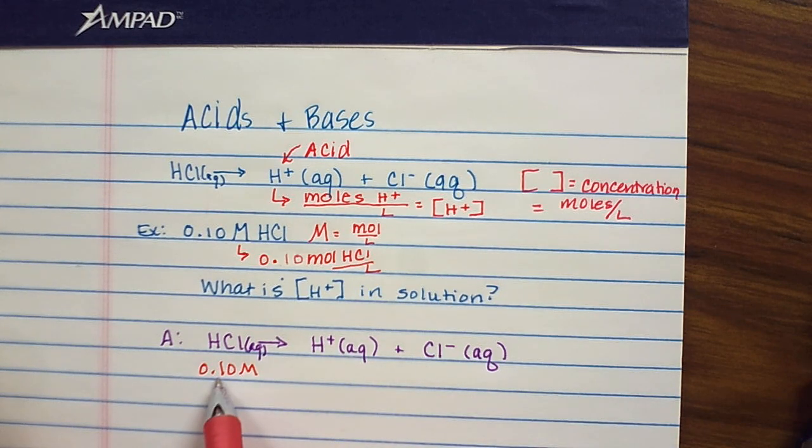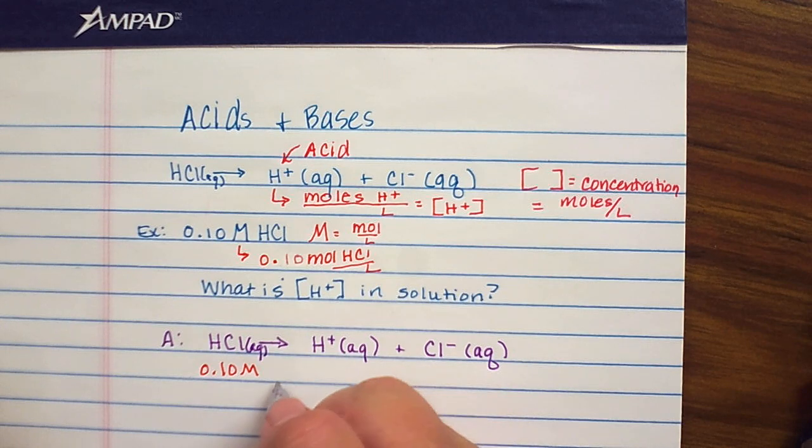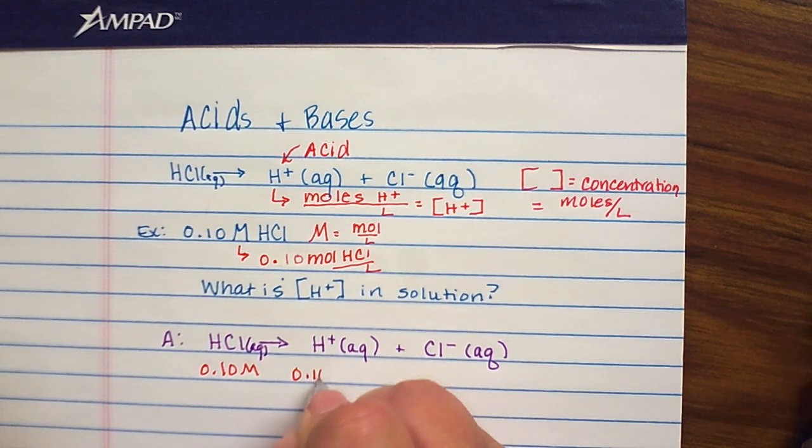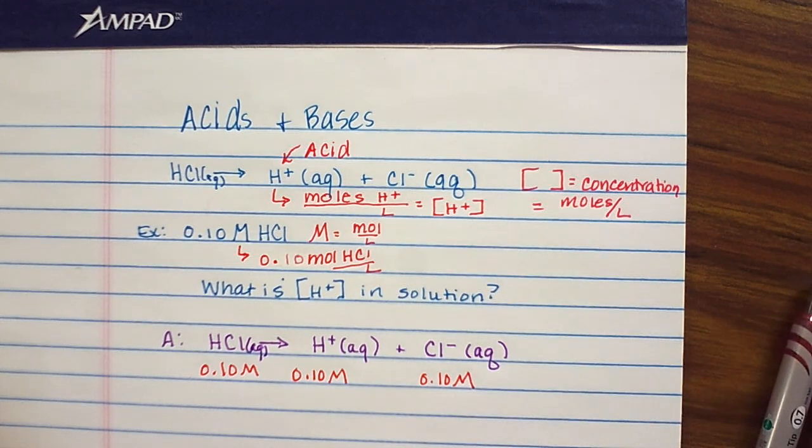And so because there's a 100% dissociation, for every 1 mole of HCl that dissociates, I'm going to get 1 mole of H plus. And it's 100%, so there's not going to be anything left over. So that means that I'm going to have 0.10 molar H plus and 0.10 molar Cl minus.